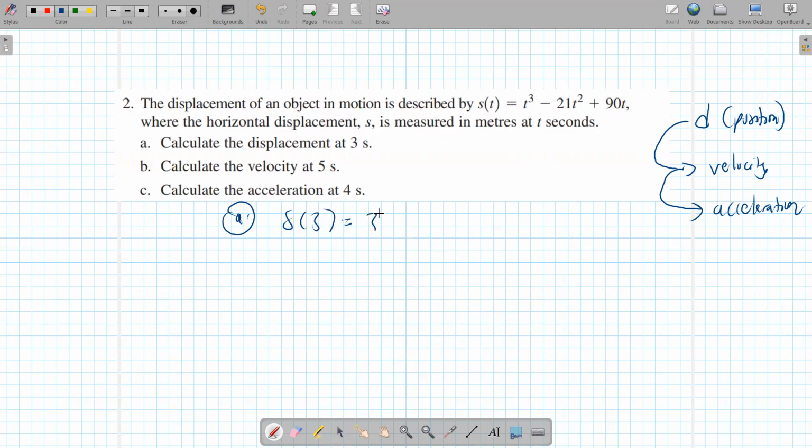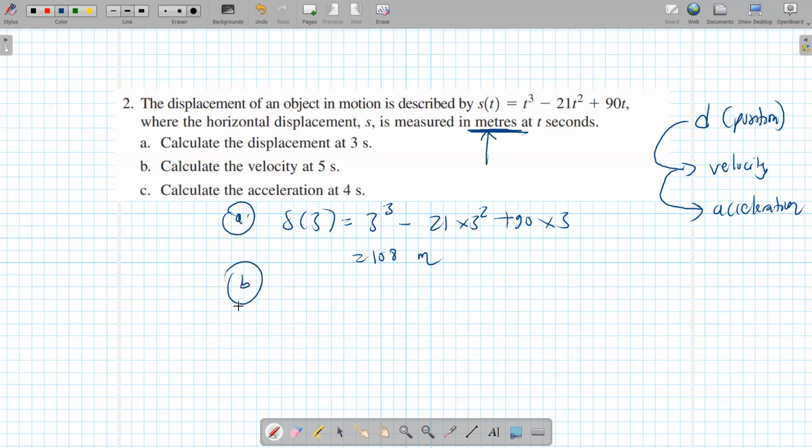So it's going to become 3 cubed minus 21 times 3 squared plus 90 times 3. So 27 minus 21 times 9 plus 90 times 3. That is 108. What's the unit of displacement? It's the unit of distance, right? Length, meters.